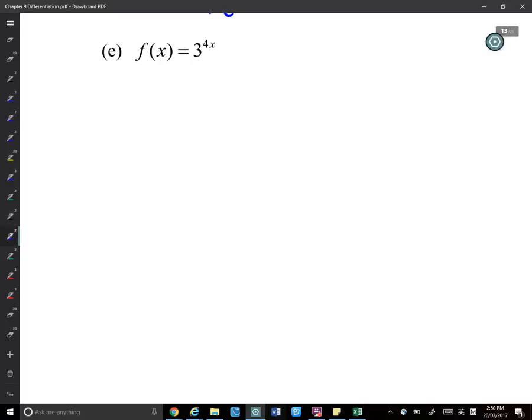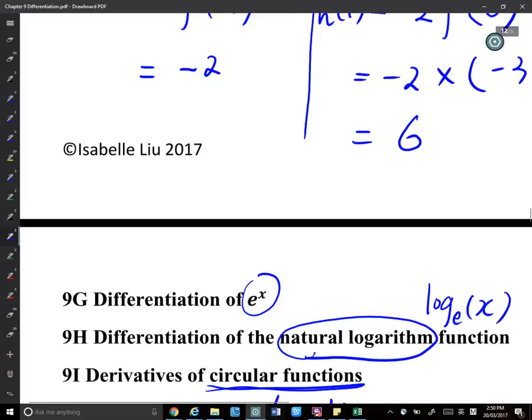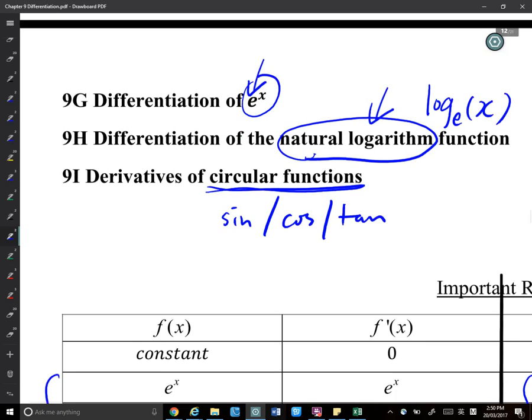What I just said, for exponential and logarithm, you can only derive when it's a natural base. You must have base e for both exponential and logarithm. That's as I said at the very beginning.